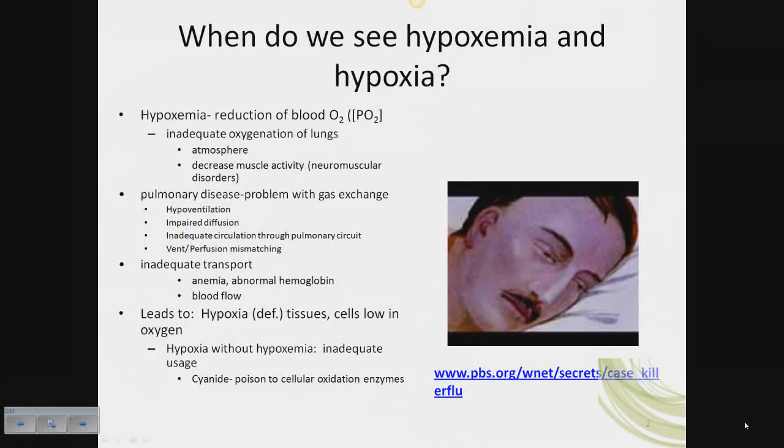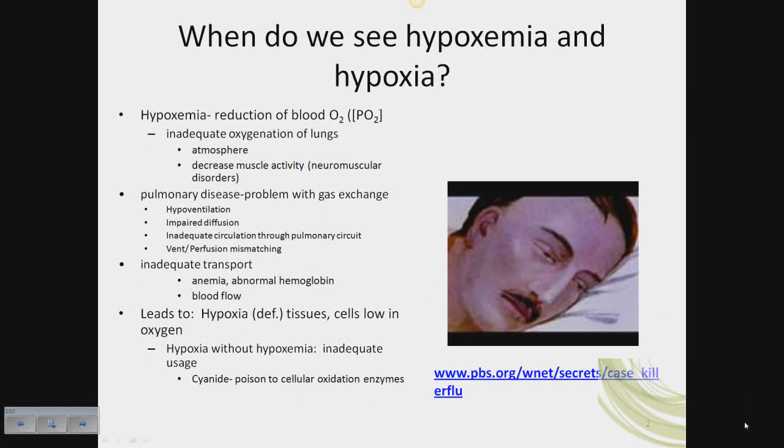This could also be a problem with hypoxemia. It could be because of a pulmonary disease causing gas exchange problems. Maybe you have hypoventilation, you have impaired diffusion, you have inadequate circulation through the pulmonary circuit, or ventilation perfusion mismatching.